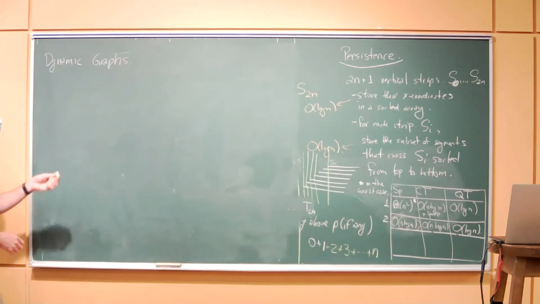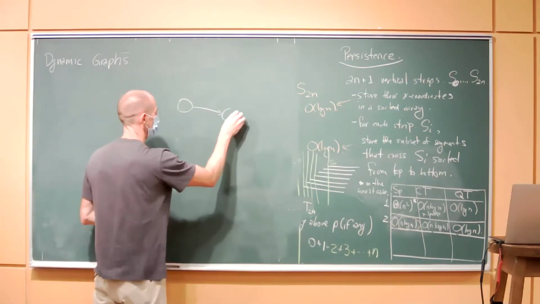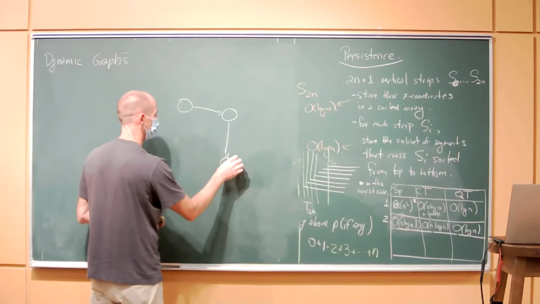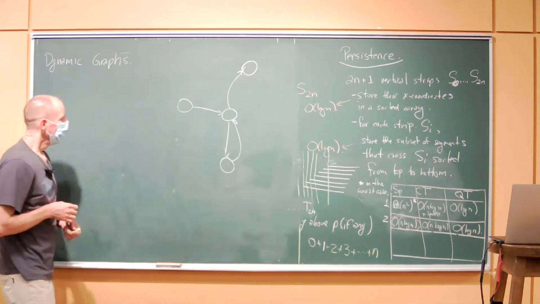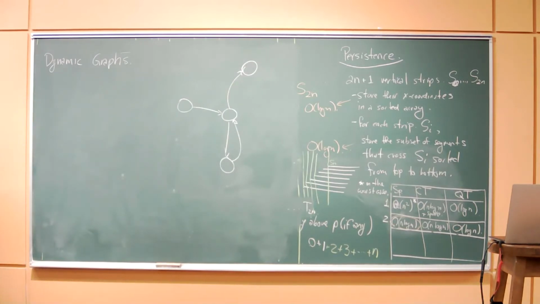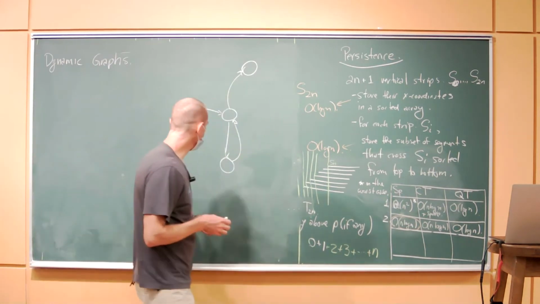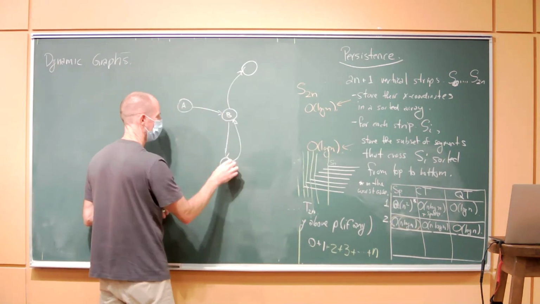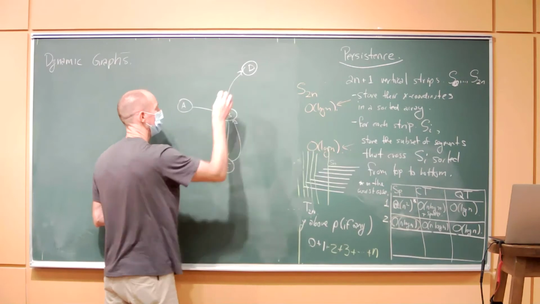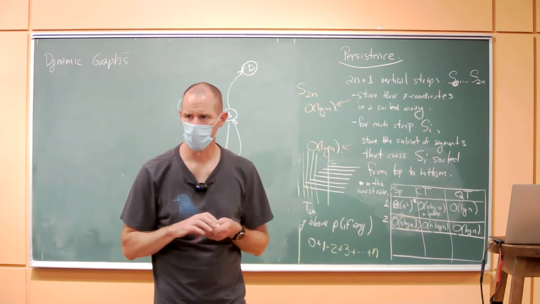So I want to maintain a graph, and by graph I mean these things that we draw. They have nodes and edges. It's actually going to be a directed graph, and it's going to be labeled, so each vertex has a label associated with it that you can change if you want.